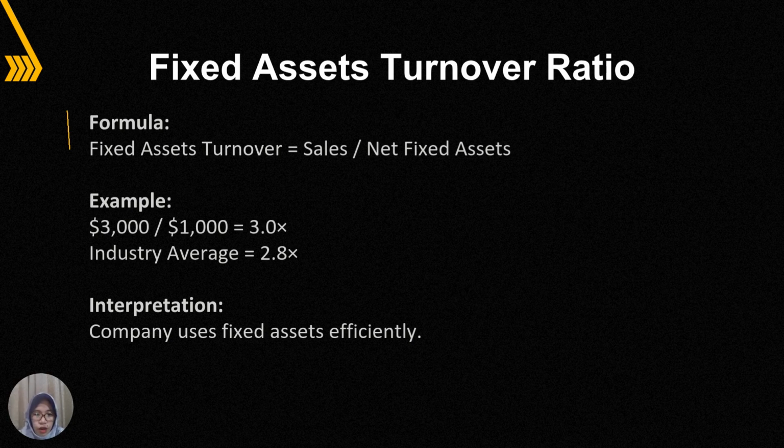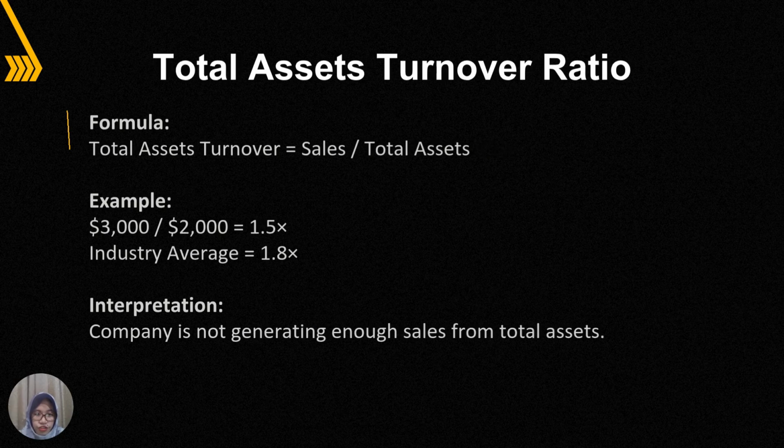Now, our next ratio, which is our last ratio under asset management ratio, is total asset turnover ratio. Now, this ratio measures how effectively the company uses all of its assets to generate sales.